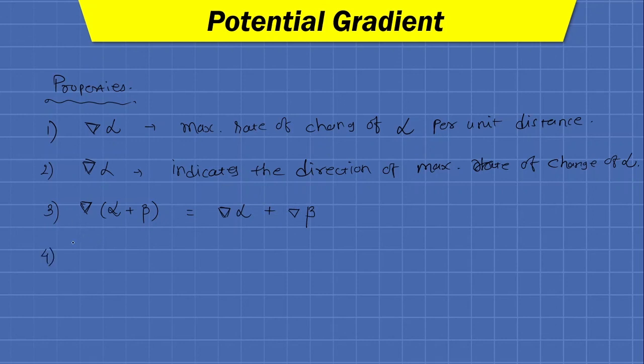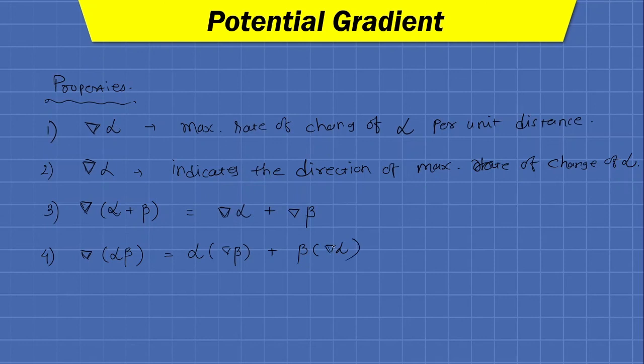Another important property: if we want to find the gradient of two scalars in multiplication, gradient of alpha into beta can be calculated as alpha multiplied by gradient of beta plus beta multiplied by gradient of alpha.